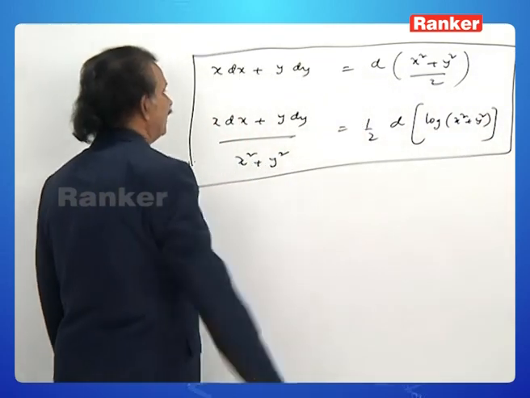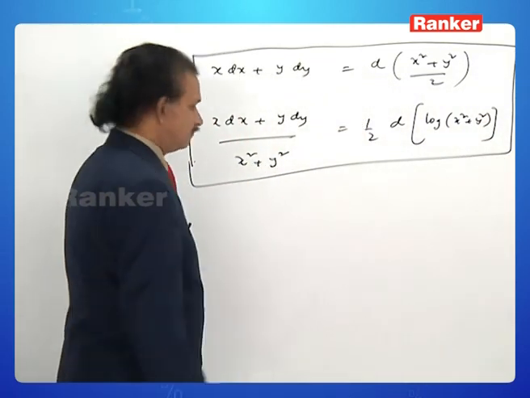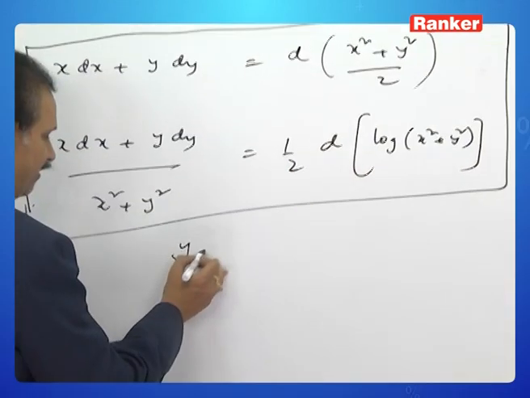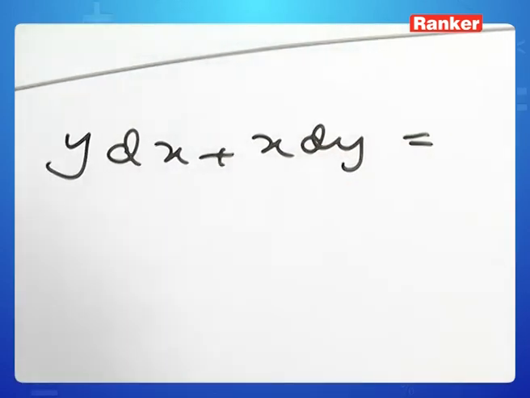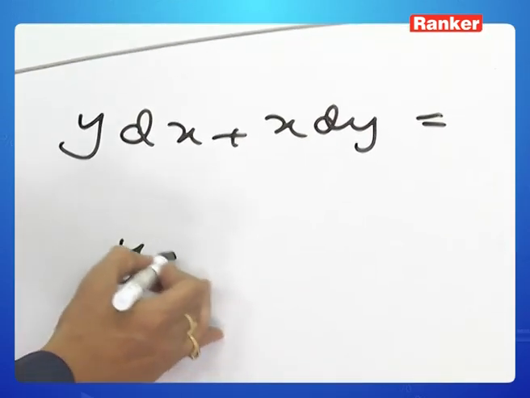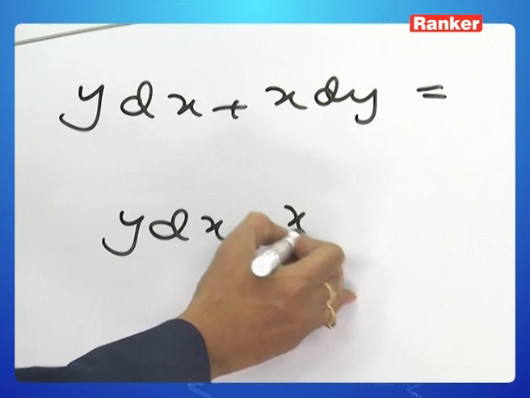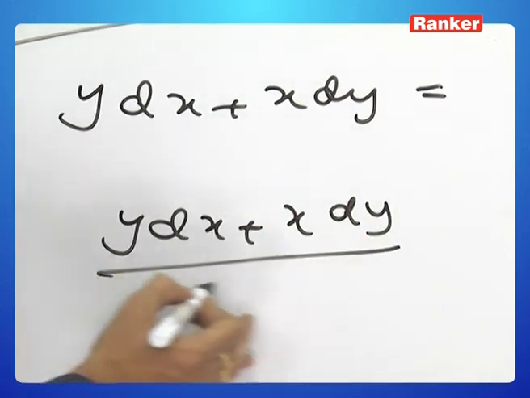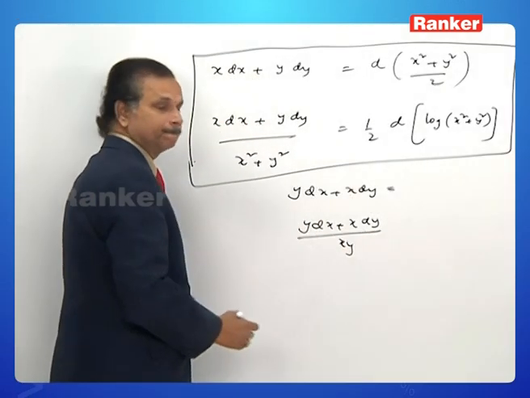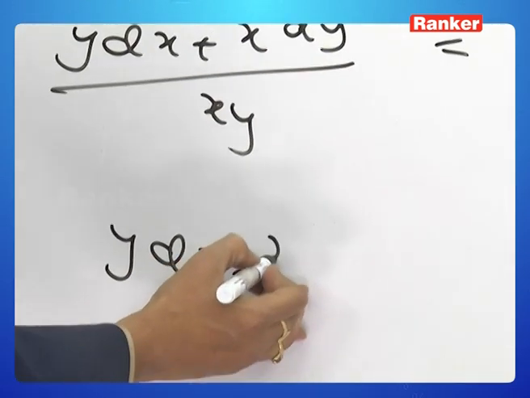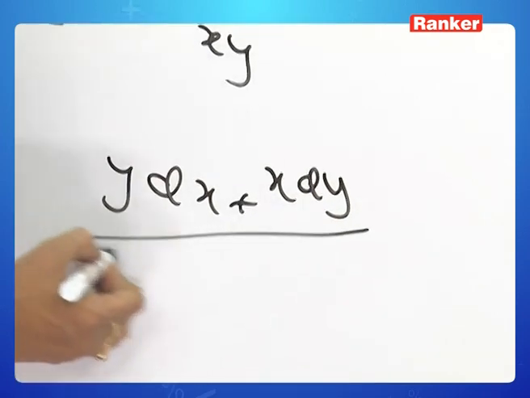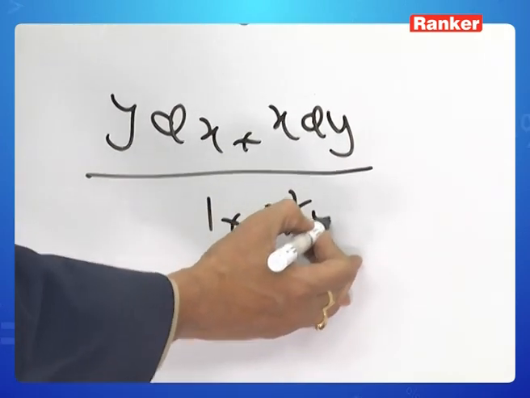Well done. Next one. y dx plus x dy. (y dx plus x dy) by xy. (y dx plus x dy) by (1 plus x square y square).